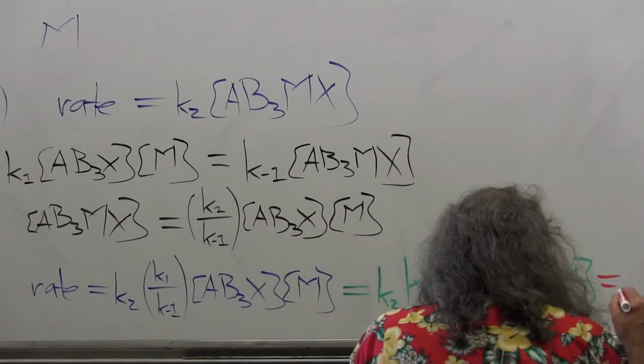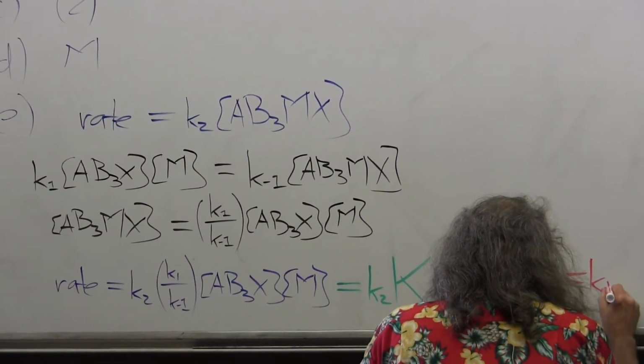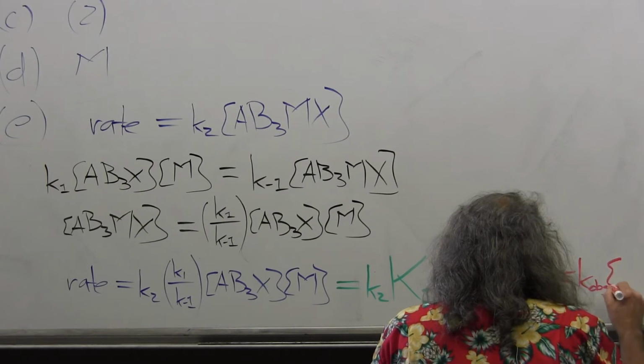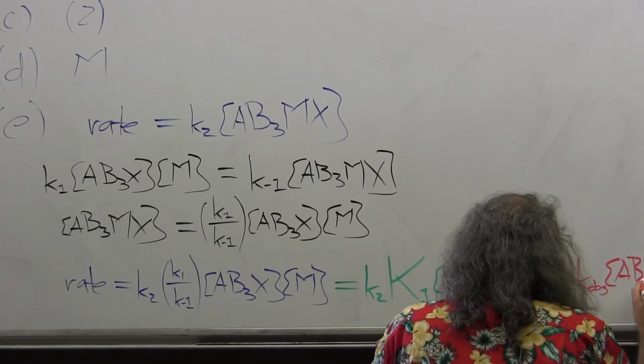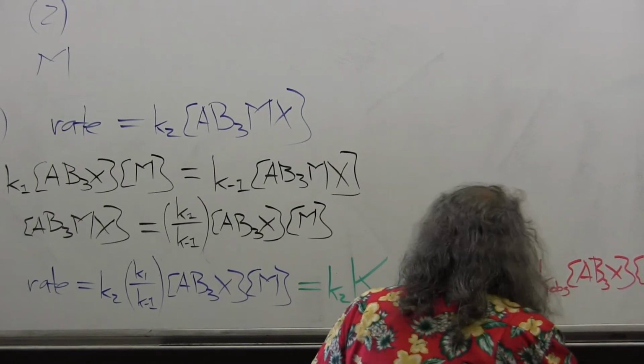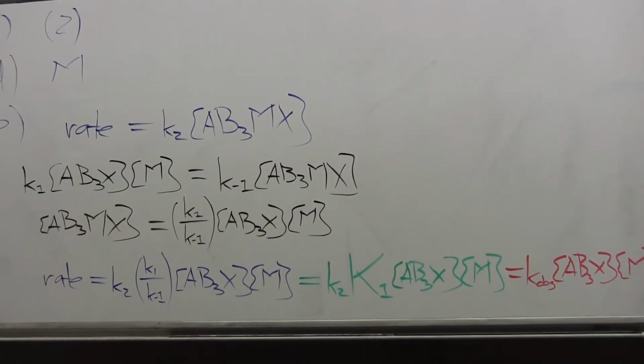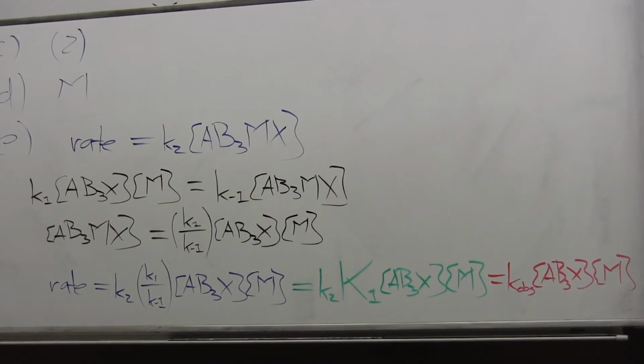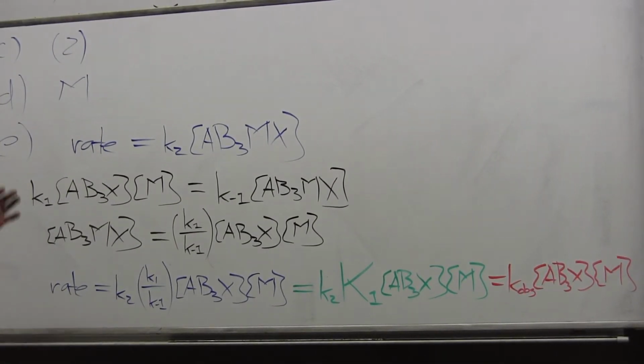And so I can say this is equal to K OBS times A B 3X times M. And like I said, the part in green and red, that's gravy. You don't have to put that in there. I want at the very least this.